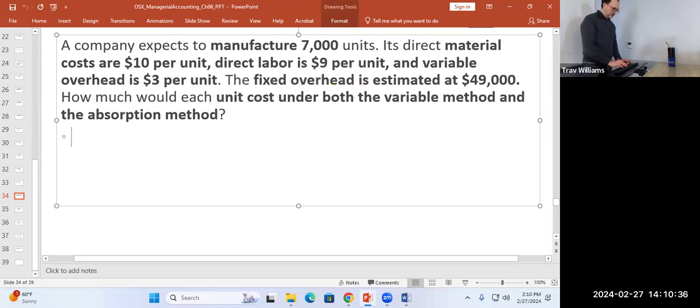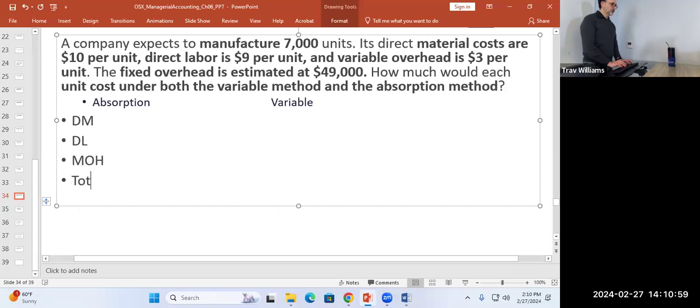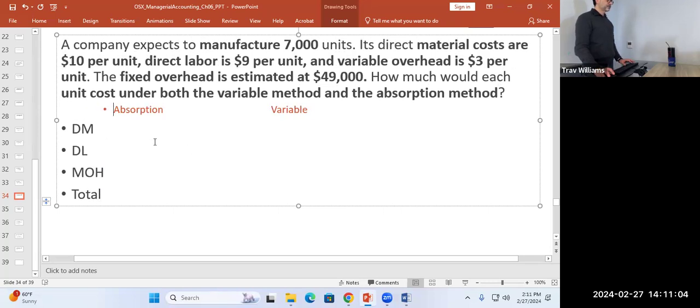So let's do absorption and variable. Okay. So we'll do direct materials, direct labor, manufacturing overhead, and total. Okay, this is just for us to practice here. Okay, so it says the material costs are $10 per unit. So that is going to be the same in both cases, right?